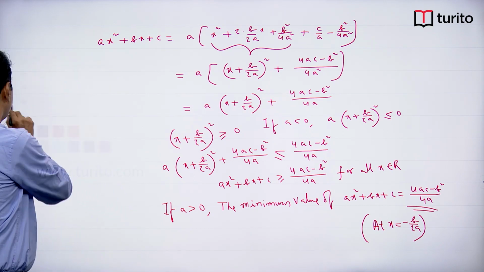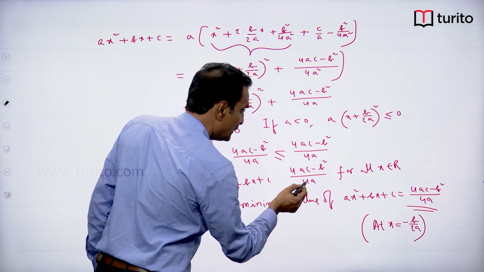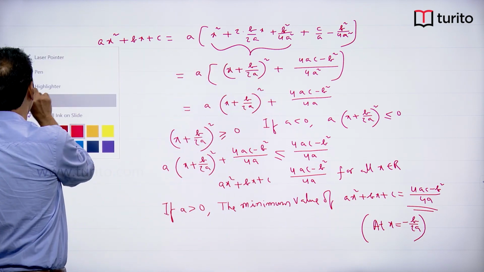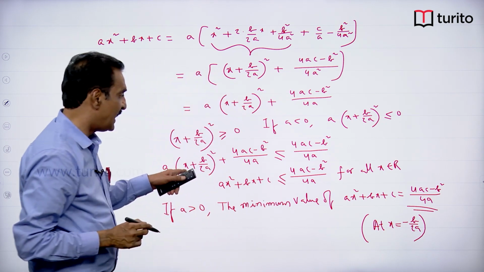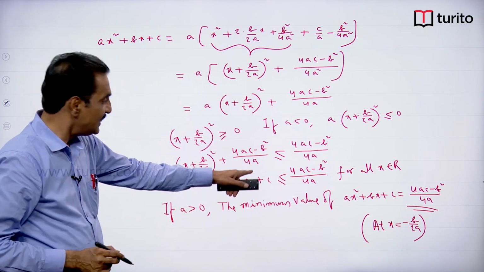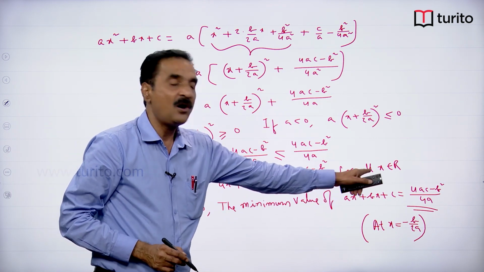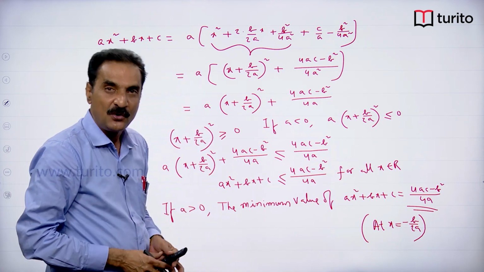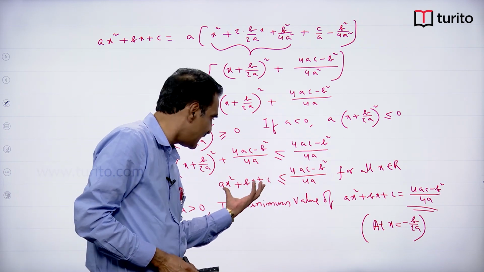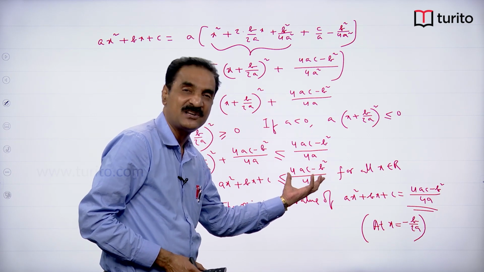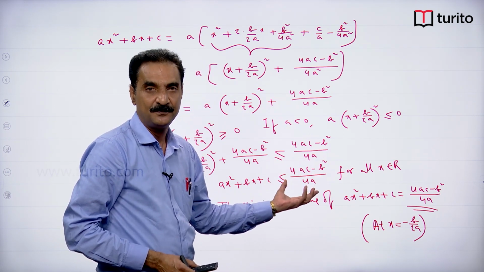So ax square plus bx plus c is less than or equal to 4ac minus b square by 4a for all real values of x. So it is the maximum value. For any value of x, this expression cannot exceed this fixed number. So it is called the maximum value or greatest value.